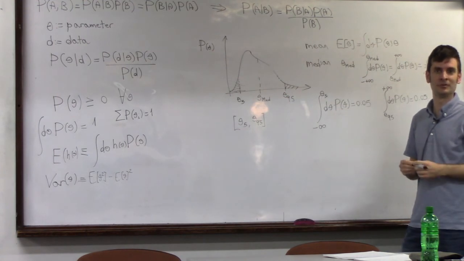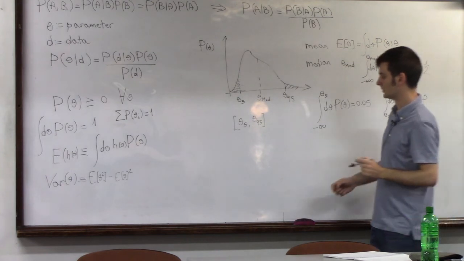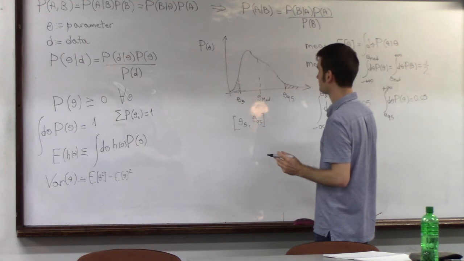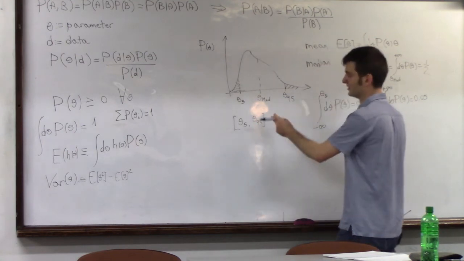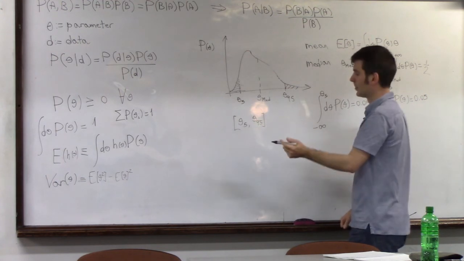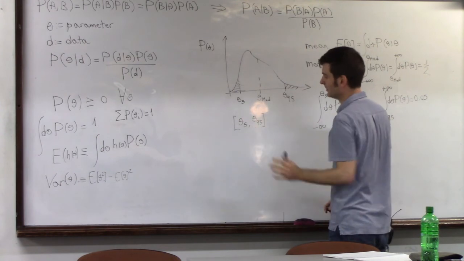So this is what we do often, but we could also make a different choice. I could give you the median and this interval, or I could give you this interval and that's it.